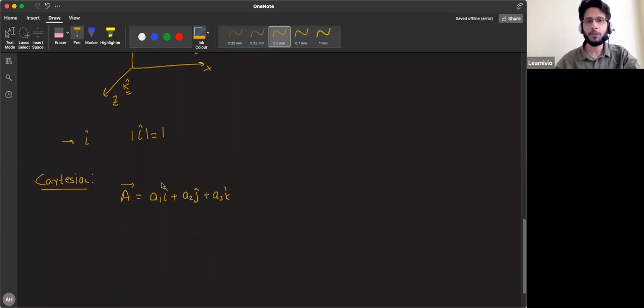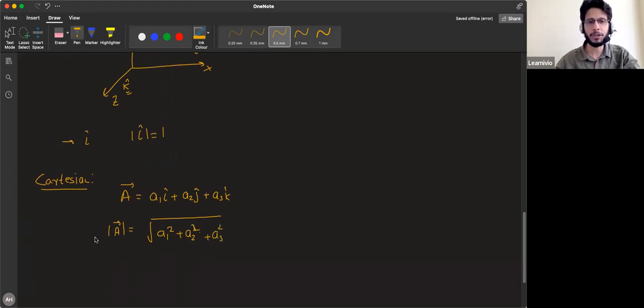So that's Cartesian form, A1 i cap plus A2 j cap plus A3 k cap. Can anyone tell me what will be the magnitude of this thing? Root A1 square plus A2 square plus A3 square. Yeah, so that's the magnitude.